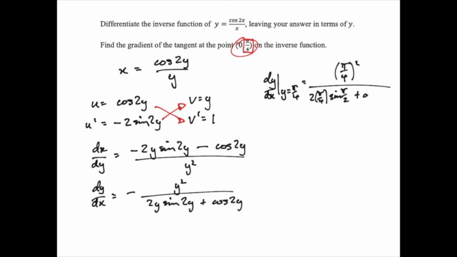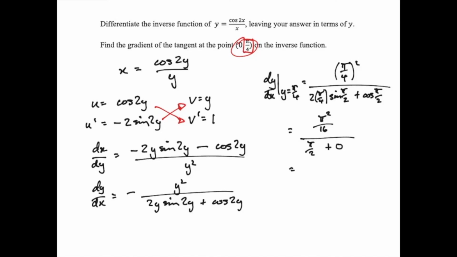And then plus cosine, same thing, pi on 2, because that's 2 lots of pi on 4, which is pi squared over 16 over sine pi on 2 is 1, so this becomes pi on 2, and cosine pi on 2 is 0.